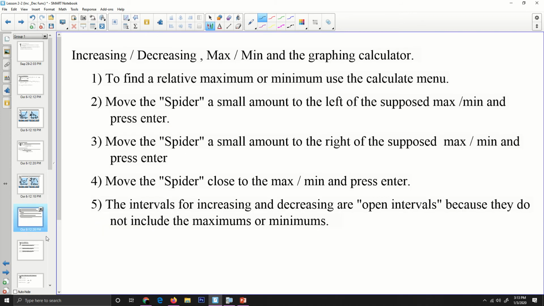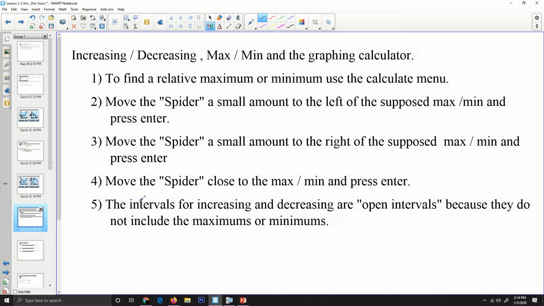Increasing, decreasing, maximum, minimum using the graphing calculator. To find a relative maximum or minimum, use the calculate menu. We're going to move our spider a small amount to the left of what the supposed maximum or minimum is, and press enter. Then we move the spider a small amount to the right of the maximum or minimum and hit enter. And then we move the spider close to whatever the maximum or minimum is and press enter.